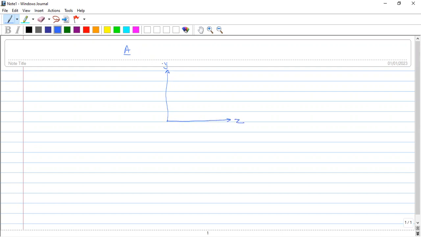So this is Z, Y, and this is X. I use Cartesian coordinate, rectangular coordinate. If you have a current distribution here, this is a position.